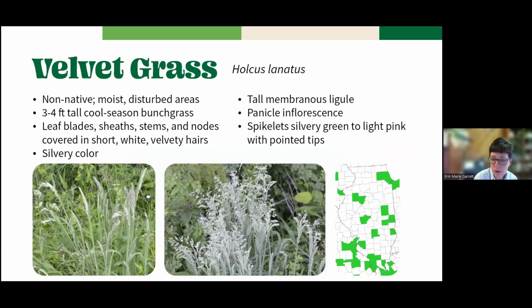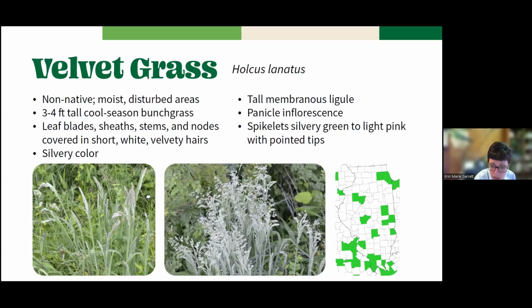Okay, and our last one, this one's not really super common, but I think it looks really cool. So I put it in here as our last grass because I think it's kind of fun. Velvet grass lives up to its name. It is the most velvety soft grass that I have ever come across and has this really strong silver color. So it's really, really distinctive and stands out. It is not native, unfortunately. And it does like moist, disturbed areas.